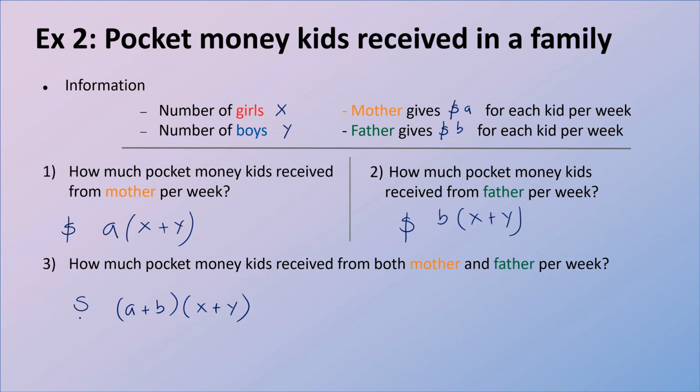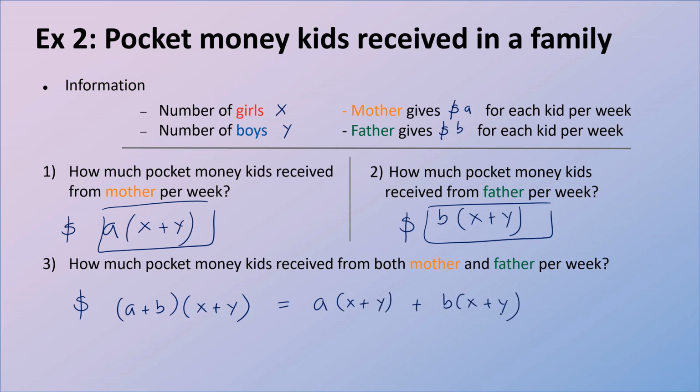Again, it's in dollars. This expression we can also obtain in a different way. It's simply the addition of what mother gives and what father gives. So this algebraic expression should be exactly equal to A times x plus y plus B times x plus y.